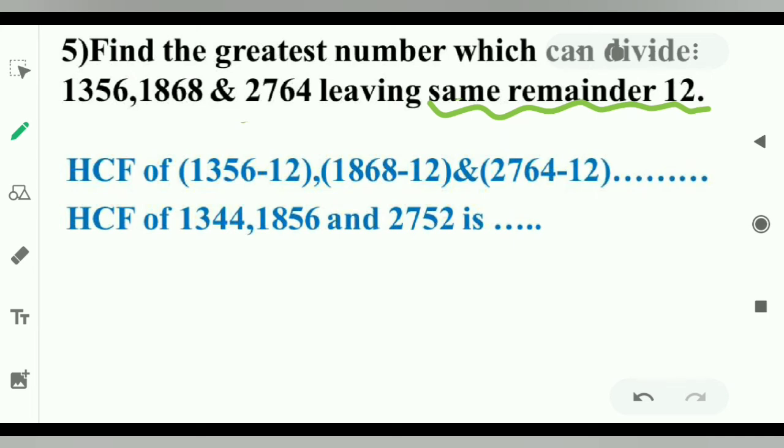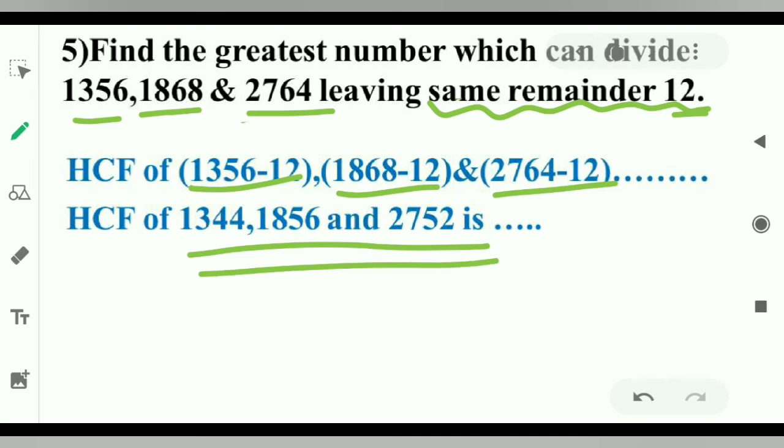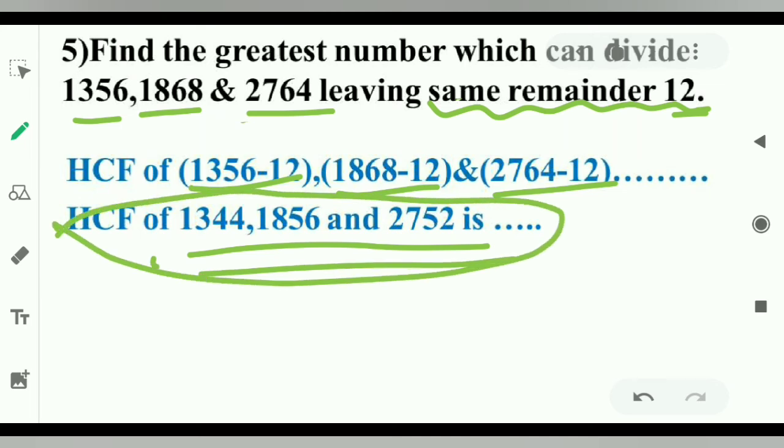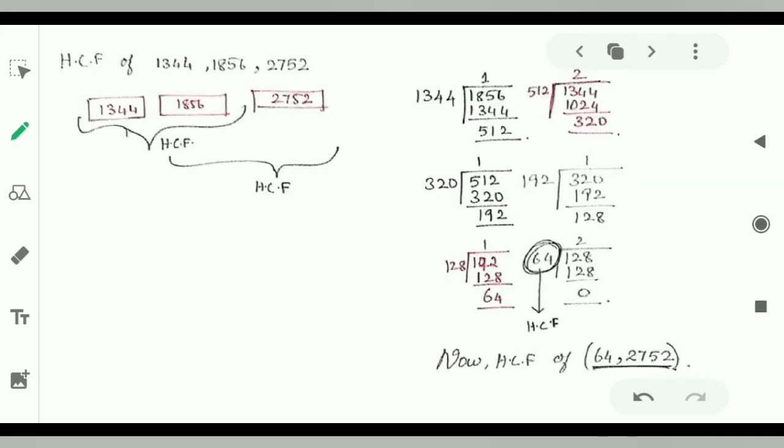If we have a question like this, what do we have to do? We have to find the difference between the given number and the remainder. First number minus the remainder 12, second number minus 12, third number minus 12. So we will get like this, right? Now we have to find the HCF of these three numbers, which is nothing but the greatest number which can divide all the three numbers.